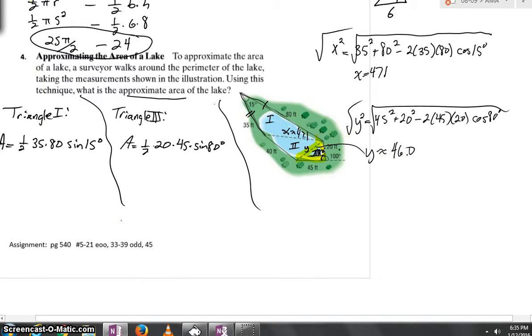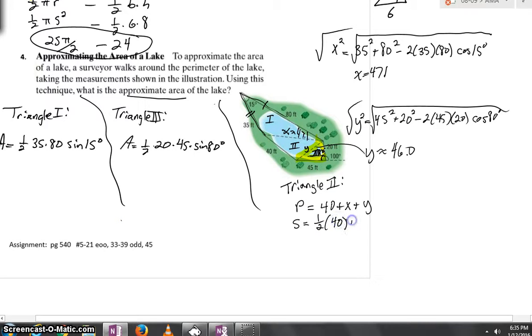Now at this point, that's all well and good, but as we're looking at triangle 2, just want to point out the obvious that we don't have any angles, but quite frankly, we don't need any. The perimeter is just going to be really 40 plus X plus Y. So the semi-perimeter is just half of that.